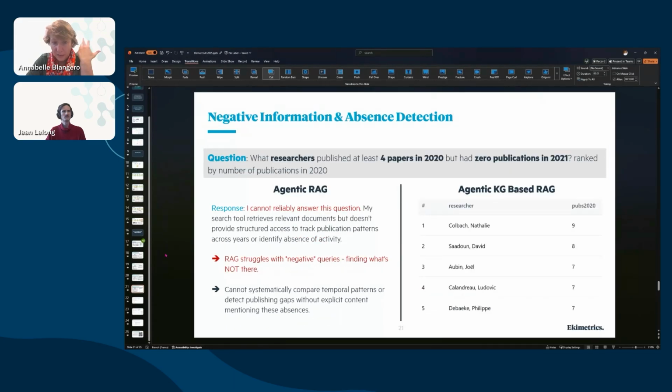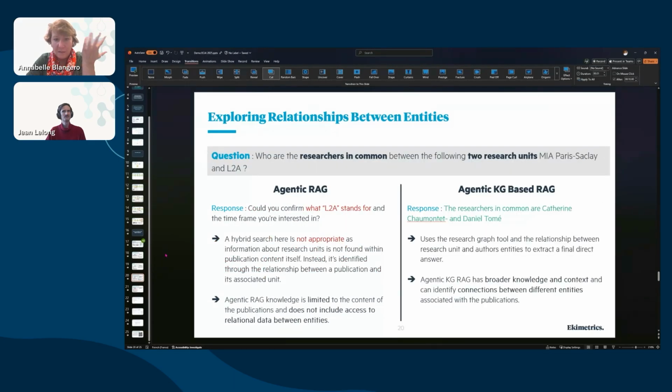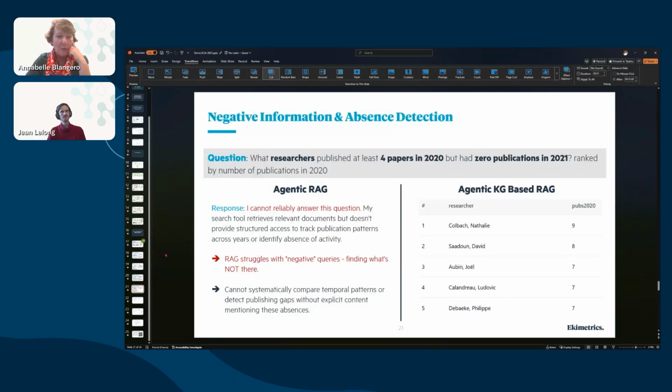Our solution does give the proper answer with the two researchers that are in common between the two research units. It is able to do multiple queries to gather the information and then to compare that information. And I think we can see more details in the next question, a bit how it works.